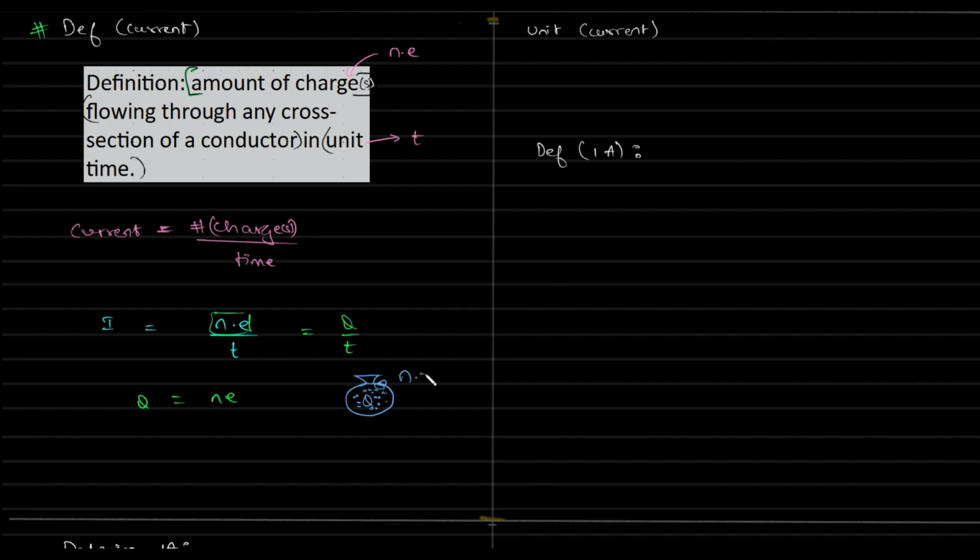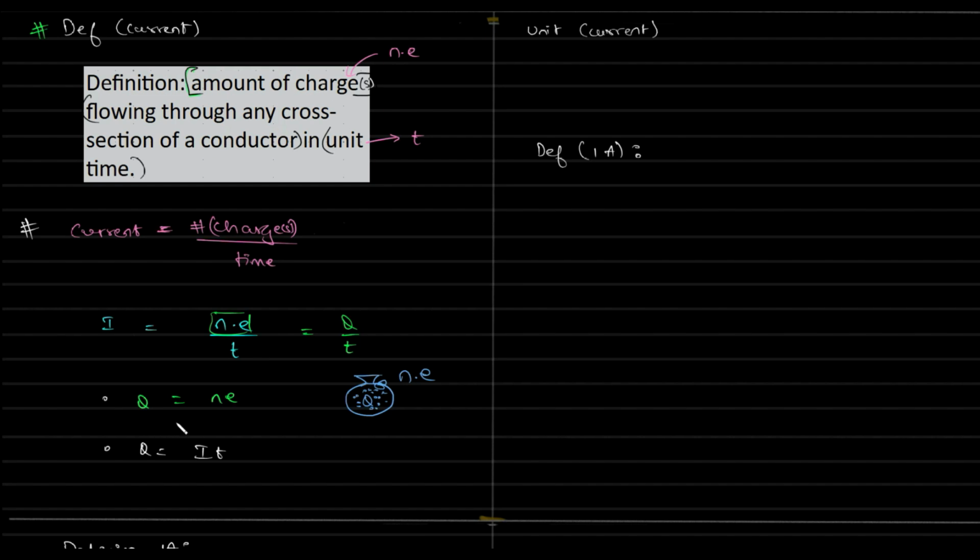And since each of them has a charge of E, the total charge is N into E. Right? So the other formula is I is equal to Q by T, or Q is equal to I into T. These are the two formulas that we need to remember. Okay, so this is your definition, this is your formula.